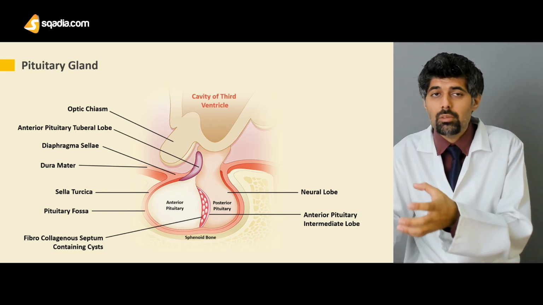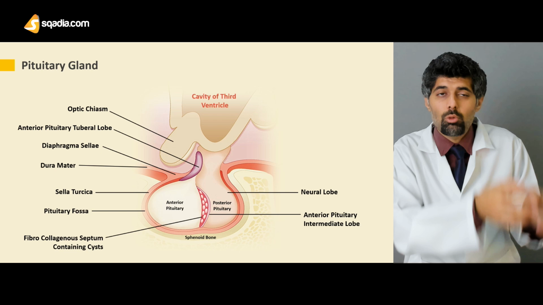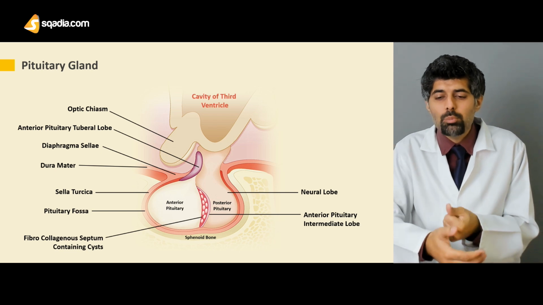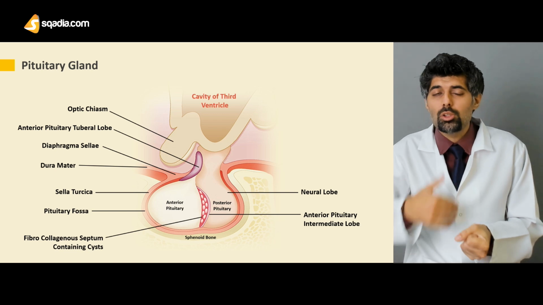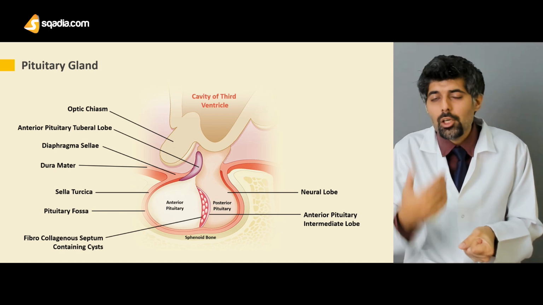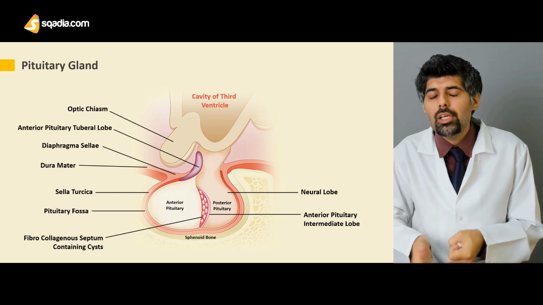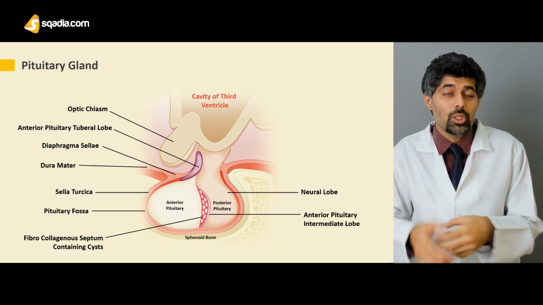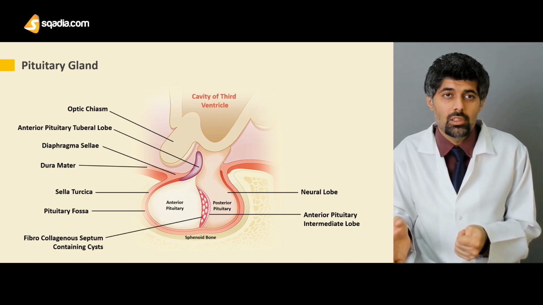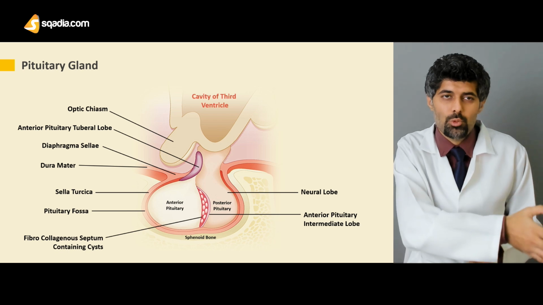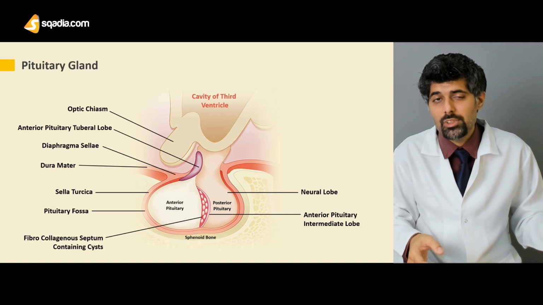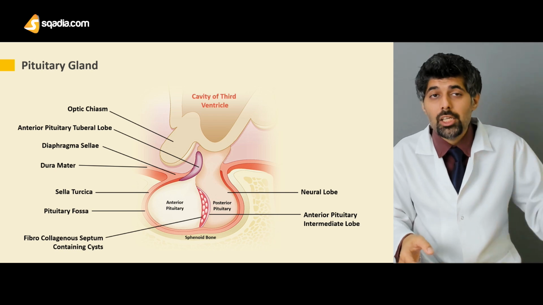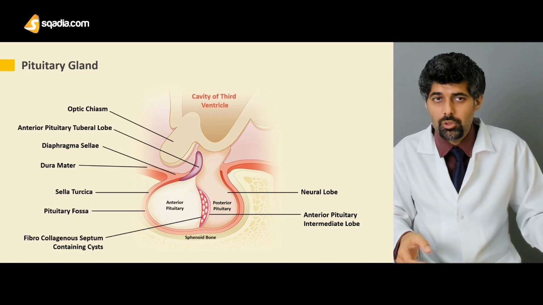Because they are produced in neuronal tissue, sometimes the posterior pituitary gland is also termed the neuronal lobe. You will even find the term neurohypophysis in relation to the posterior lobe, and the word adenohypophysis in relation to the anterior lobe of the pituitary gland.